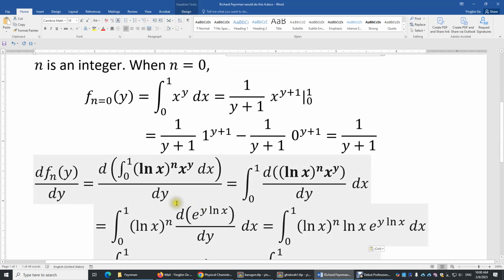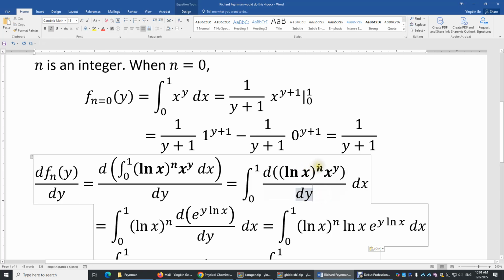We now look at the first derivative of this function f sub n of y. So we simply take the first derivative of this integral, or the integral of this first derivative.